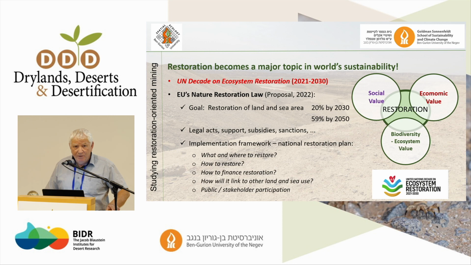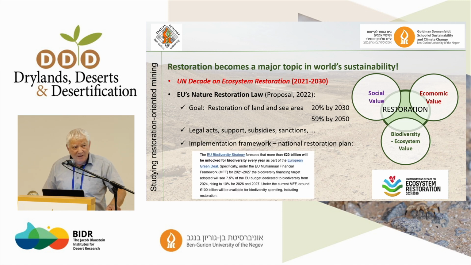Basically, on a national basis, each country in the EU is supposed to come up with decisions on what and where to restore, how to finance restoration, how it will link to other land and sea use, and public stakeholder participation. And this can definitely be available for us too, collaborating with European countries.